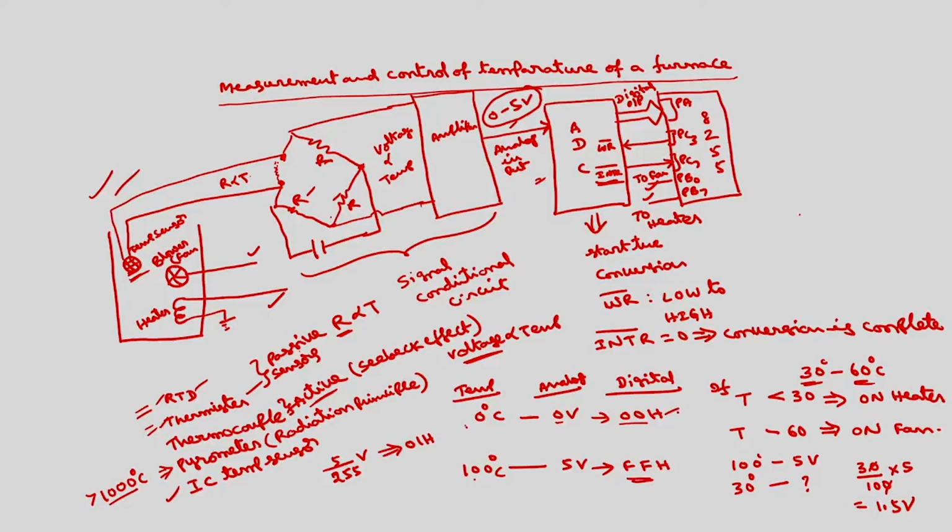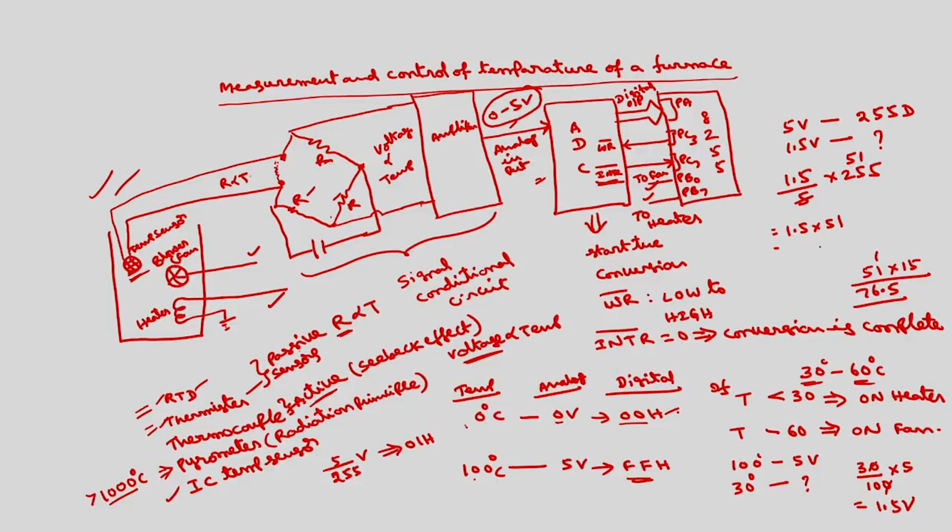So 1.5 corresponds to 1.5 divided by 5 into 255. 5 fifties... 51 into 1.5, which is approximately 51 into 15, that is 76.5.